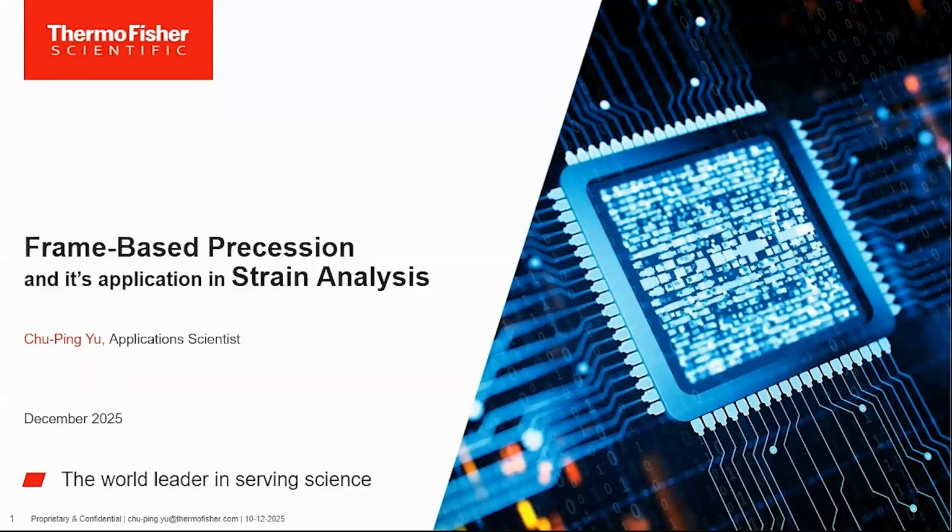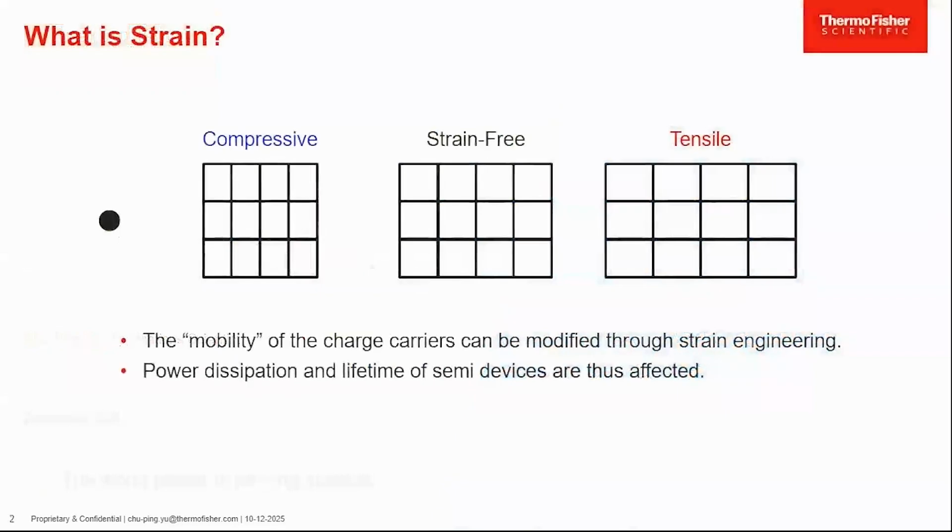So let's start with what is strain and why is this important? Strain is by definition, compared to a reference region or a strain-free region, the distortion of the lattice, or we can also say the distortion of how atoms are arranged.